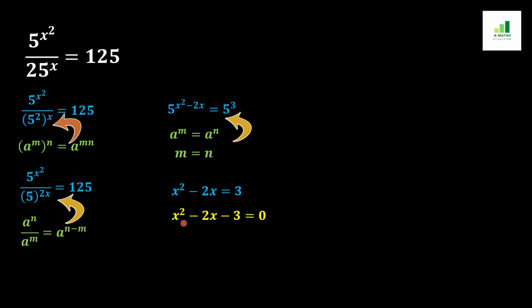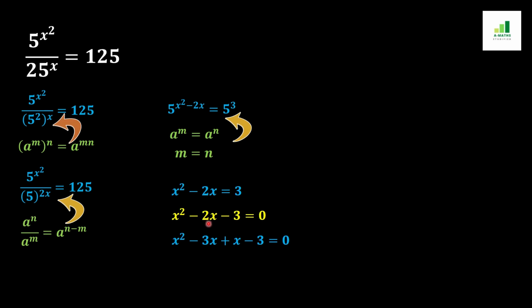Now you can see that this is a quadratic equation and it is factorizable, and this is the c of a quadratic equation having a negative sign. It means that according to the basic rule of factorization, the b of the quadratic equation will break into opposite signs. So we will factorize this equation as x squared minus 3x plus x minus 3 equal to 0.